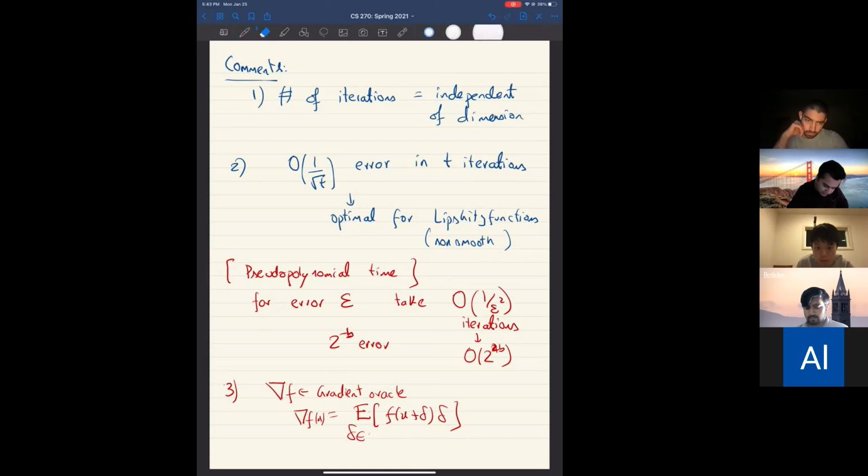Well, basically, all I mean is, let me try to do it this way. So f of x plus delta times delta, right? And you have to scale it appropriately.